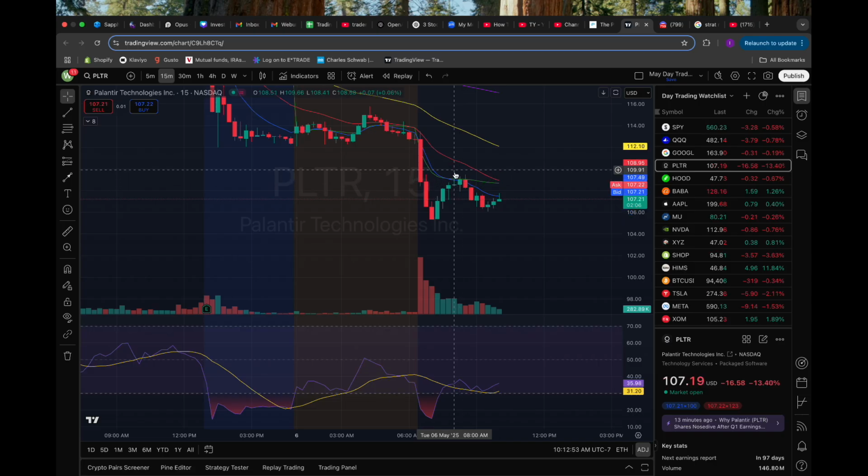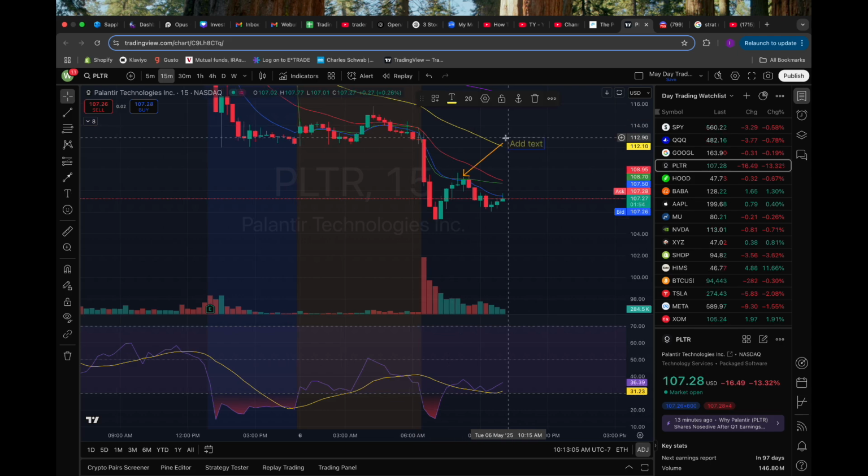And as you can see right here, how it rejected, right? Y'all see how on this candle right here, it rejected off of the VWAP and the 9 EMA, and then it kept coming a little bit lower. Rejected off EMA and VWAP. Right?